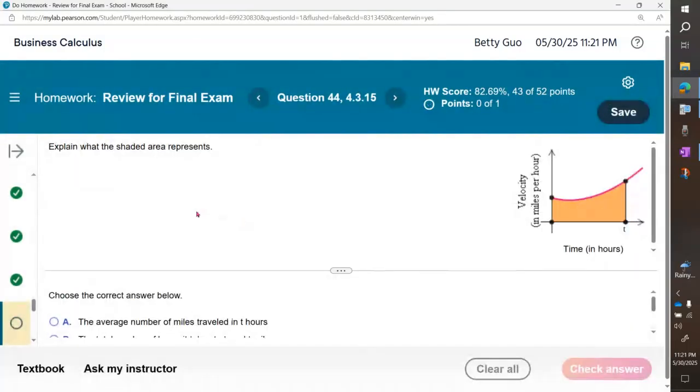Question number 44. Explain what the shaded area represents. This is a velocity, and this is time in hours.